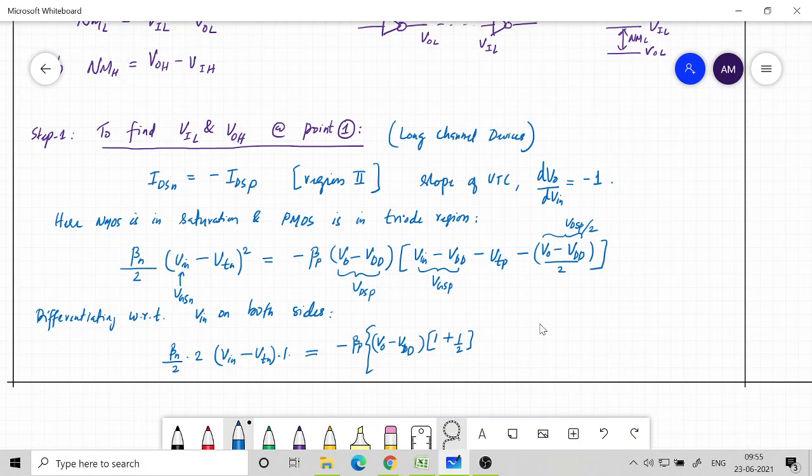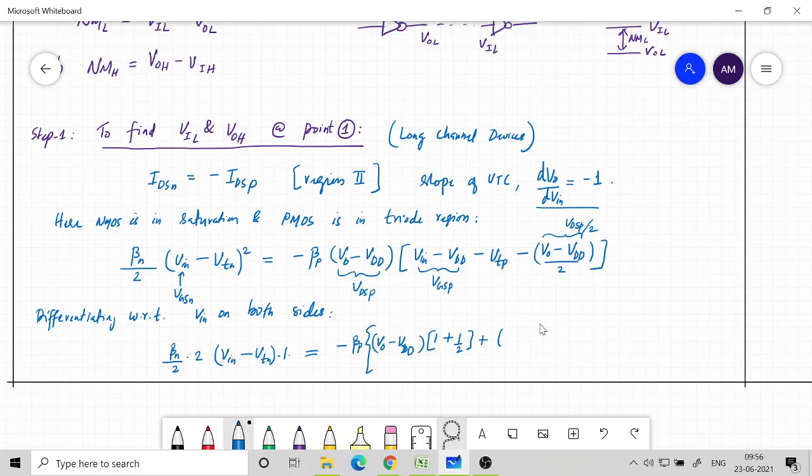Okay, so I used this relation. I am taking derivative with respect to V in. So dV naught by dV in, I will take it as minus 1. So if I substitute there after taking derivative, I will have minus of minus 1 by 2, which is plus half. Now I am applying, so this is first term into derivative of the second, now plus derivative of the first.